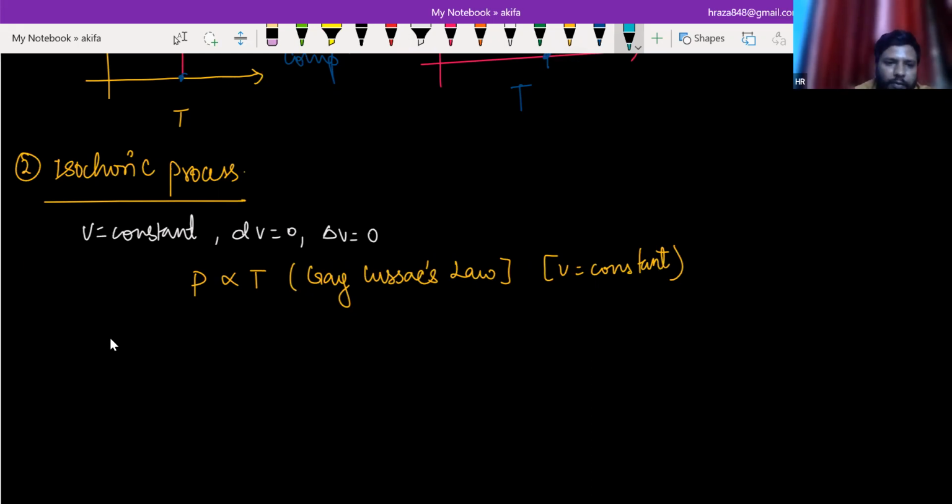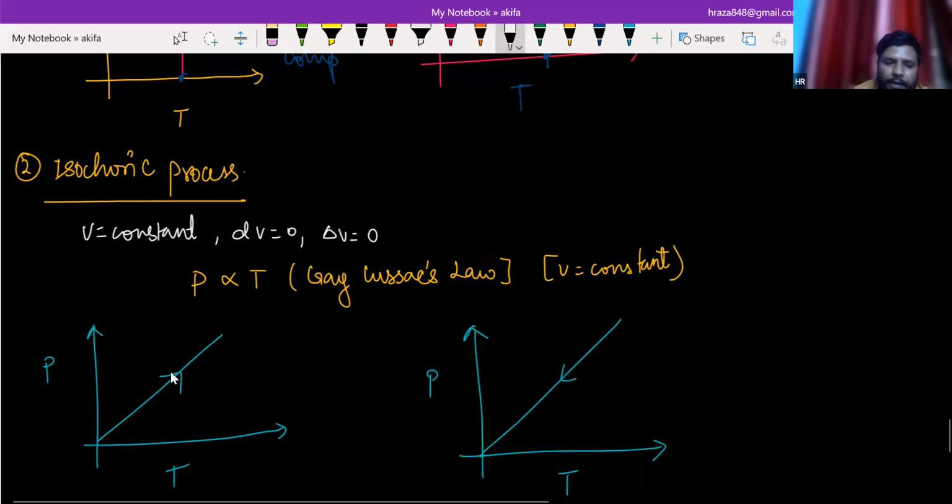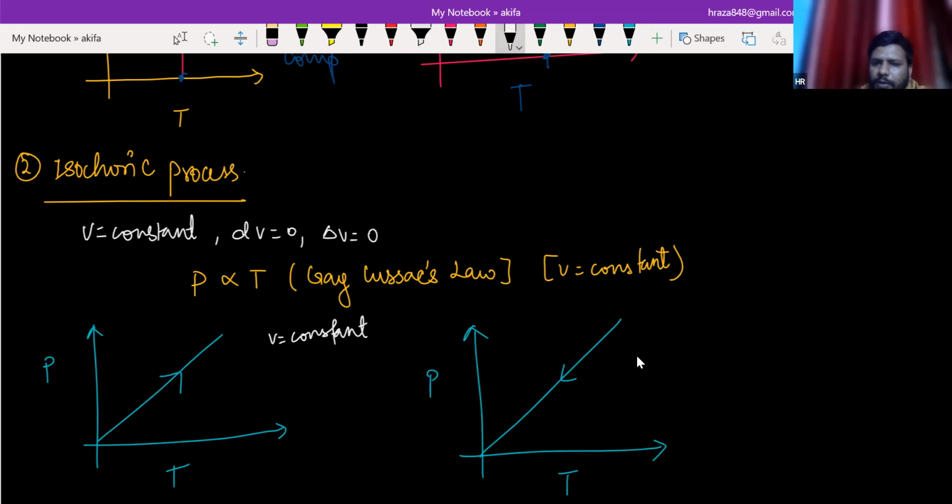So in the same way, we will have some graphs. Now see, P versus T, and the graph will be either this or this, right? Yes. Volume is constant for both.